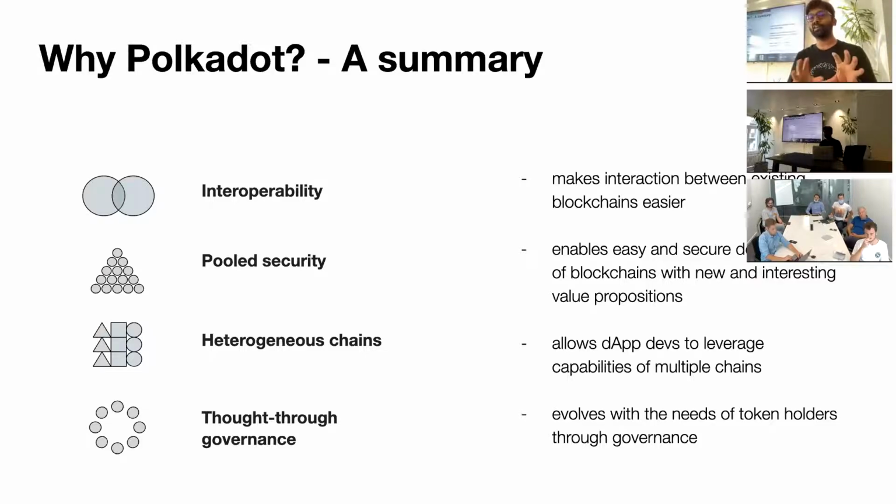I'm going to show you the projects that are already underway in the ecosystem. And it's all thought through governance. We have this governance module that itself can be changed by governance. People can have these referendums, and they have the capability of voting and changing things on chain.